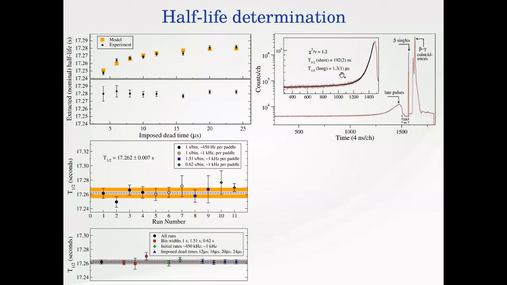And then, on further investigation, we found out that actually these scintillators were afterpulsing. So you were getting a prompt pulse, and then after 500 nanoseconds, you were getting late scintillation pulses that were not real. And once we corrected for that using a Monte Carlo simulation based on this TDC spectrum of the afterpulsing, we saw that the half-lives all agreed.